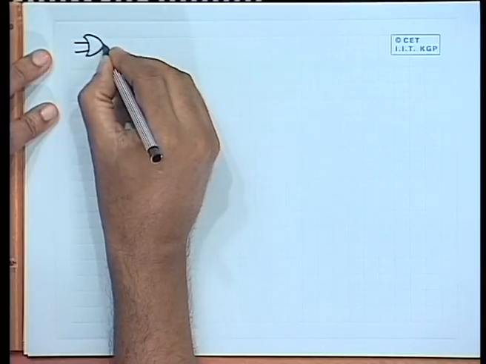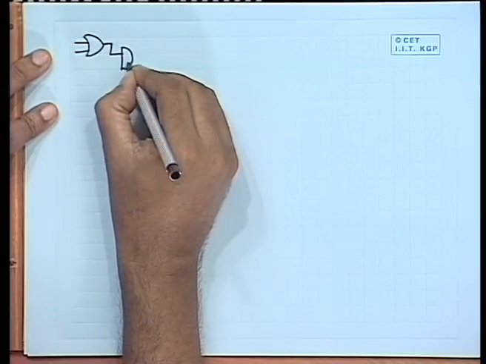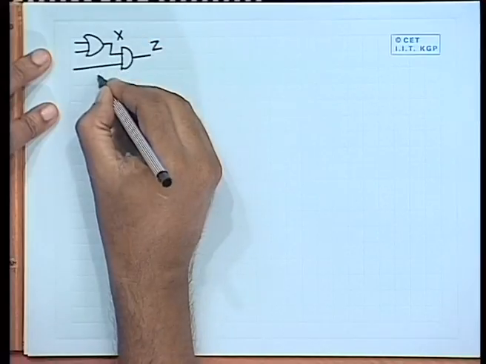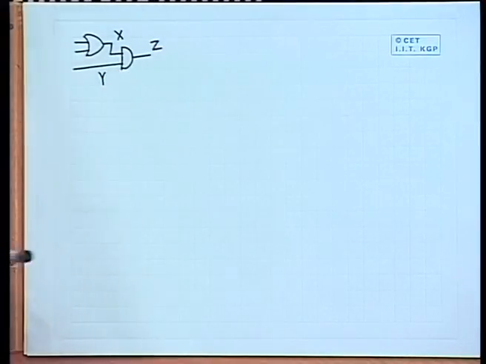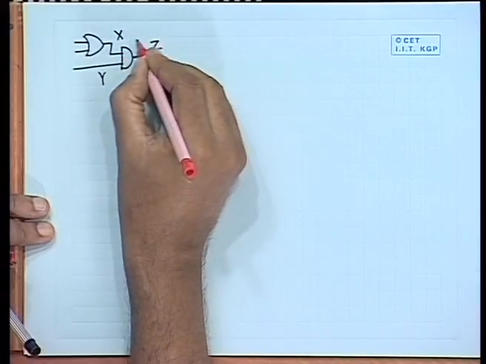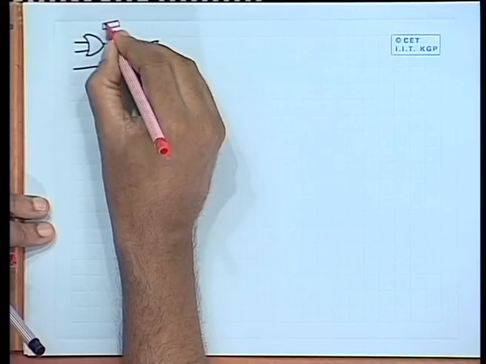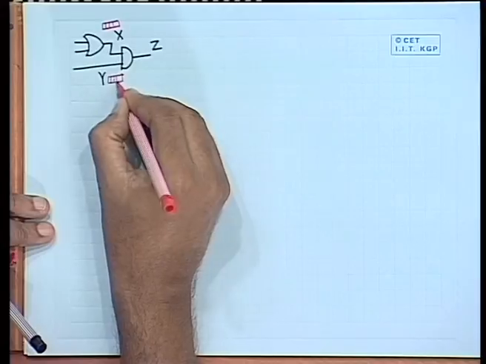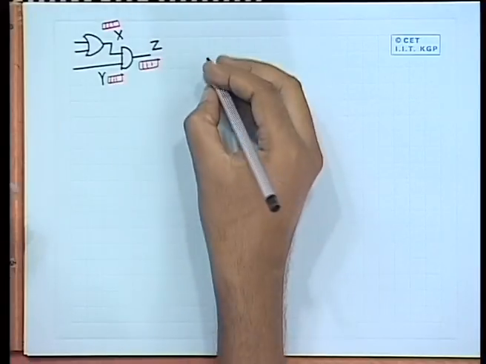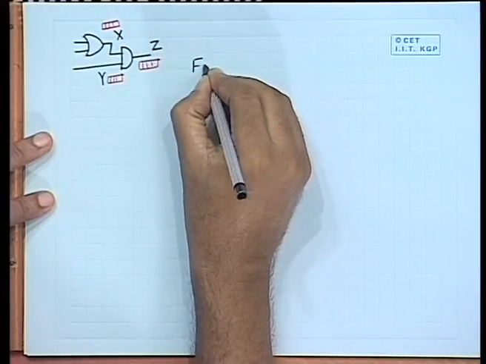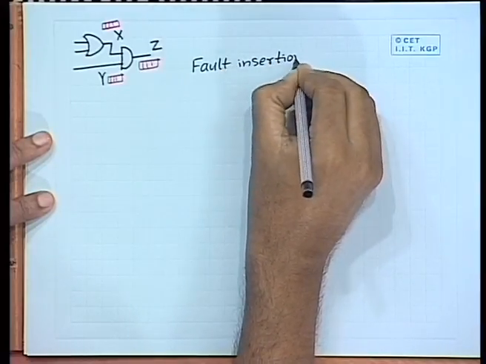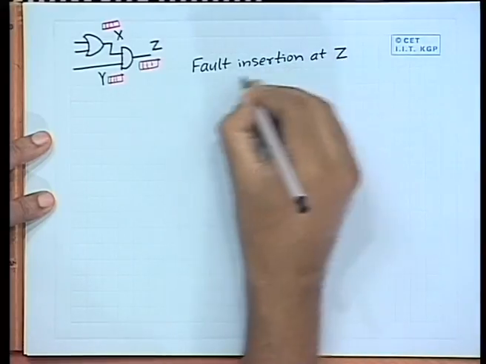I have an OR gate, this is driving an AND gate, the output value is Z, this is X, this is Y. Now, the 32-bit word that I had said, there will be a word assigned to each of these X, Y as well as Z. Right now, we are concerned with the line Z. We will show you how we carry out fault insertion at the line Z.